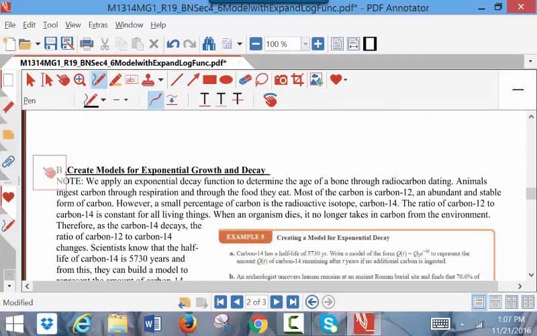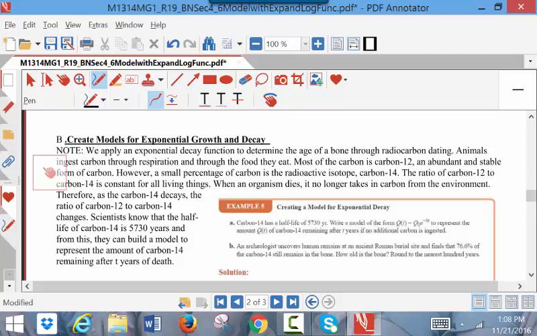Okay, now this is some interesting stuff. Those of you who like biology, this will be right down your alley. Okay. All right, exponential growth and decay. We apply an exponential decay function to determine the age of a bone through radiocarbon dating. Animals ingest carbon through respiration and through food they eat.